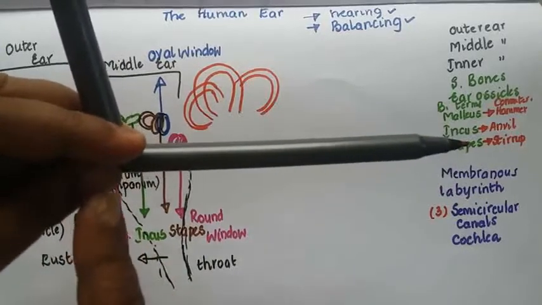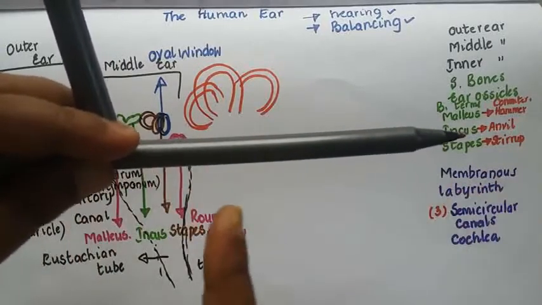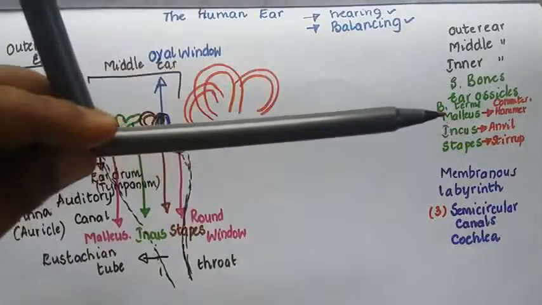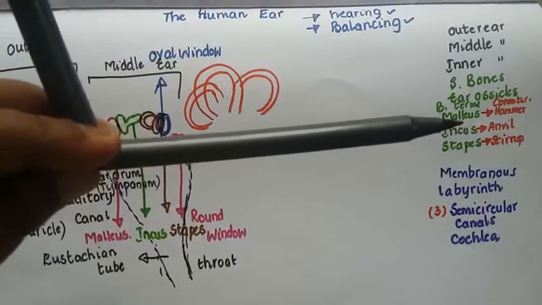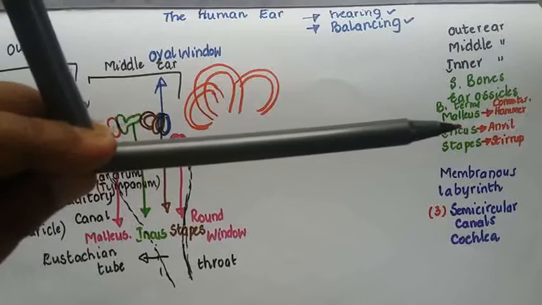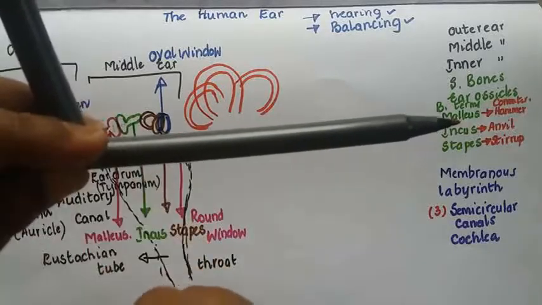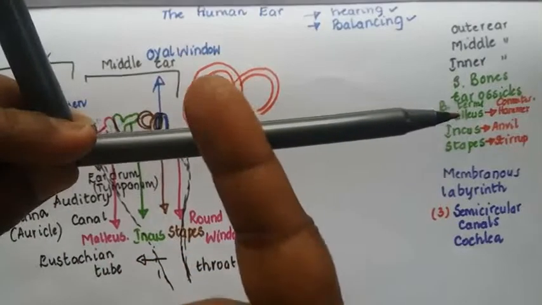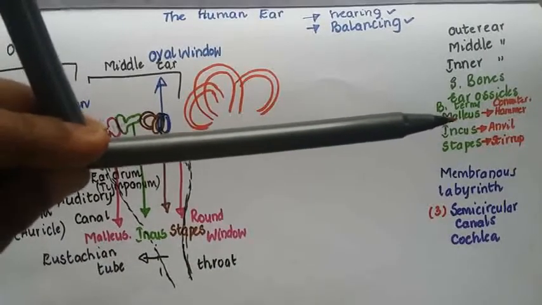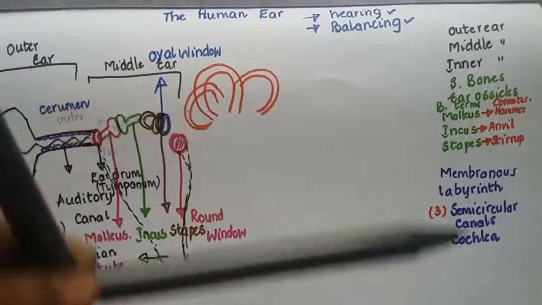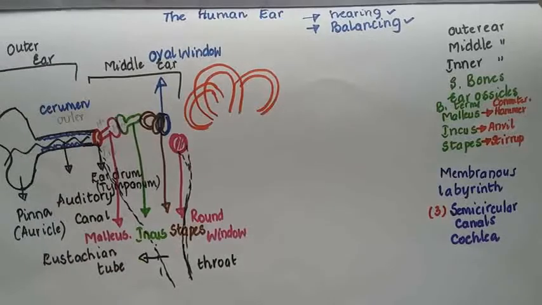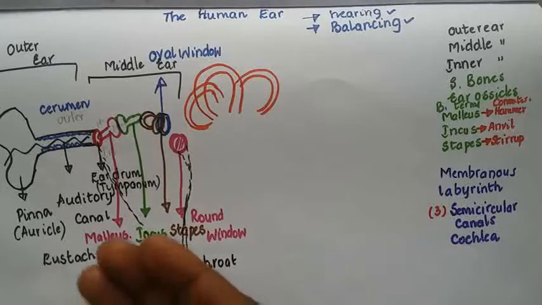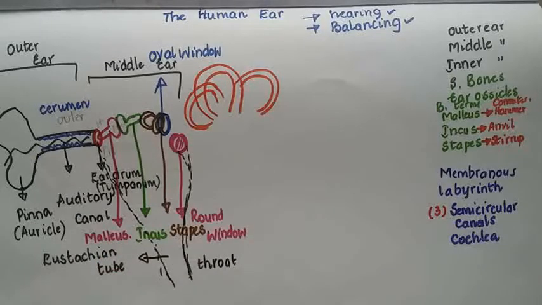So one of the semicircular canals is horizontally placed and the other 2 are vertically placed. Each one is at a right angle to the other semicircular canal. So I said all the 3 semicircular canals are at right angles to each other, in which one of them is horizontal and the other 2 are vertical.